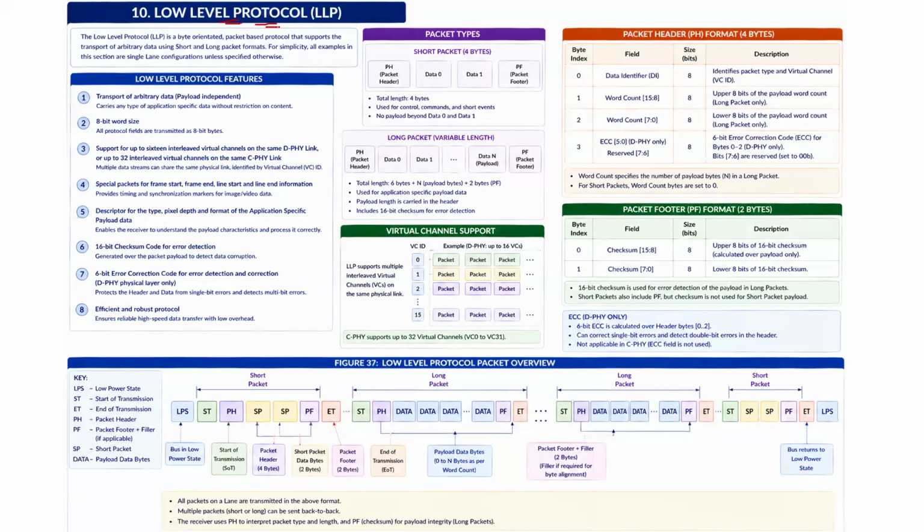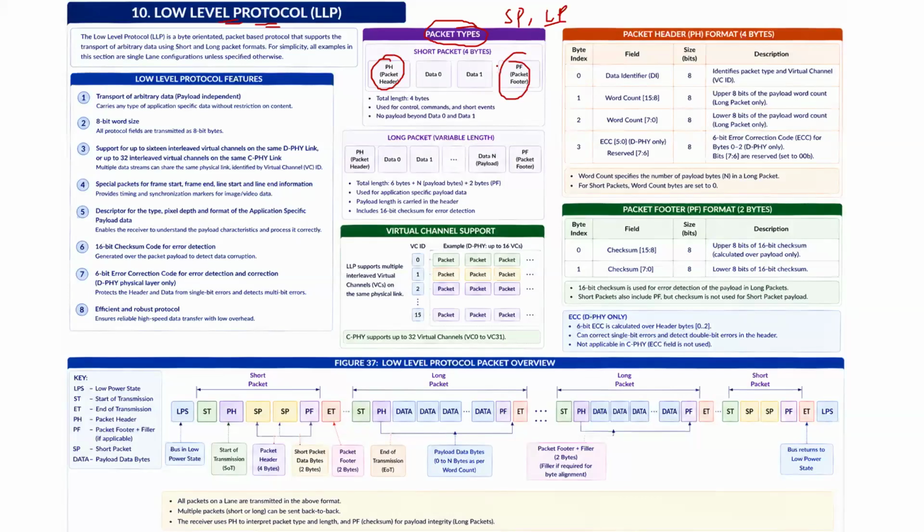So in this low level protocol, identification and then the starting signal. Starting signal means there is a packet structure, either a short packet or a long packet structure. In this packet structure, we have a packet header and a packet footer.